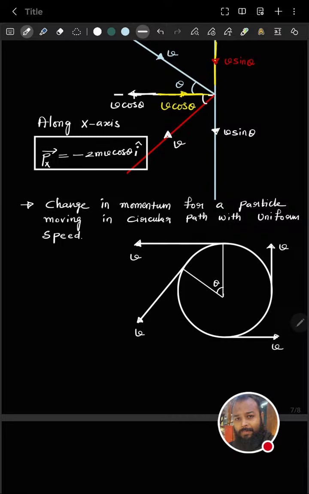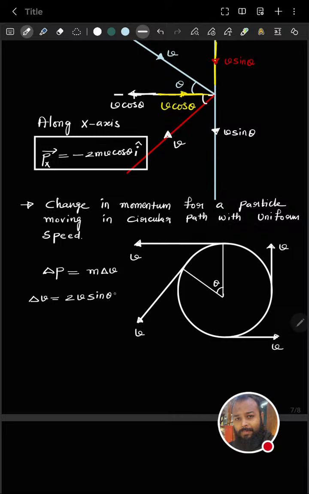Can anyone tell me what is the magnitude of change in velocity? Okay. The magnitude of change in momentum, delta p, can be written as m delta v. And also we know that delta v can be written as 2v sin theta by 2.